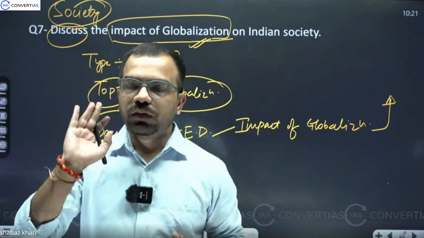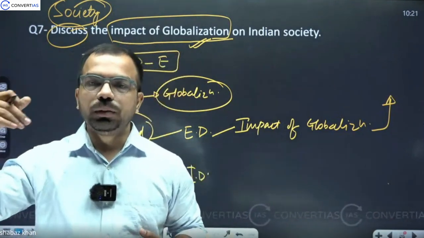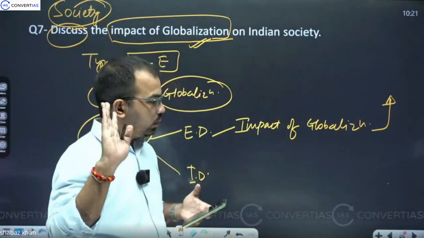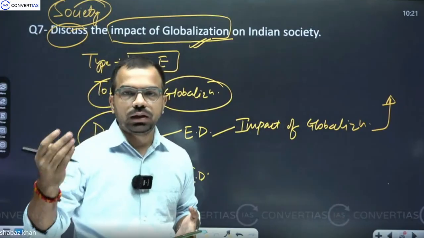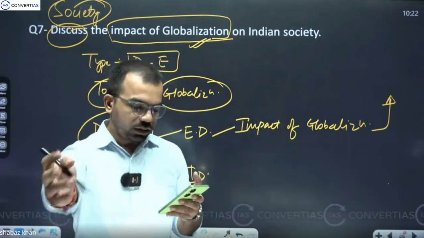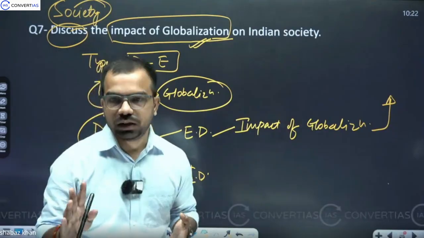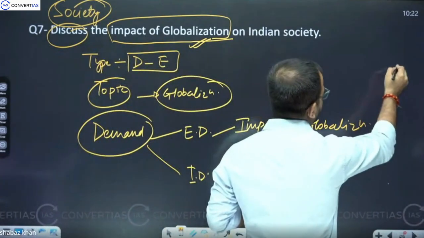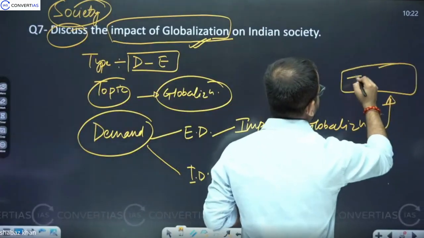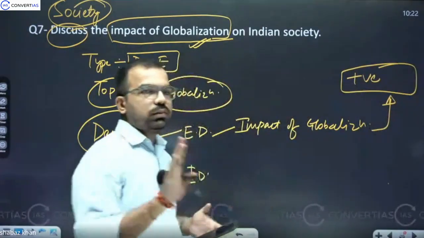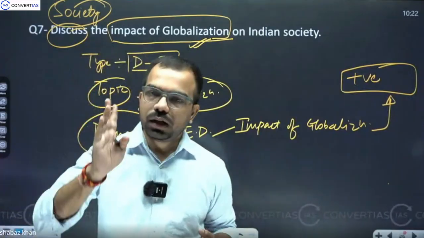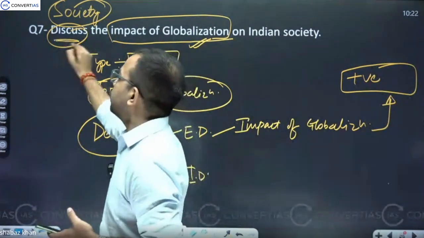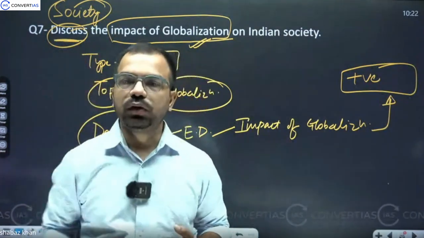Has it done a wonderful job in terms of increasing the economy, increasing living standards, increasing income, everything? Most of the countries have accepted globalization. Okay? So when we are writing the impact of globalization, we are going to show largely the positive side. Although understand this is a phenomenon which has both positive and negative sides. Even if there was no discuss, you would have written both positives and negatives.